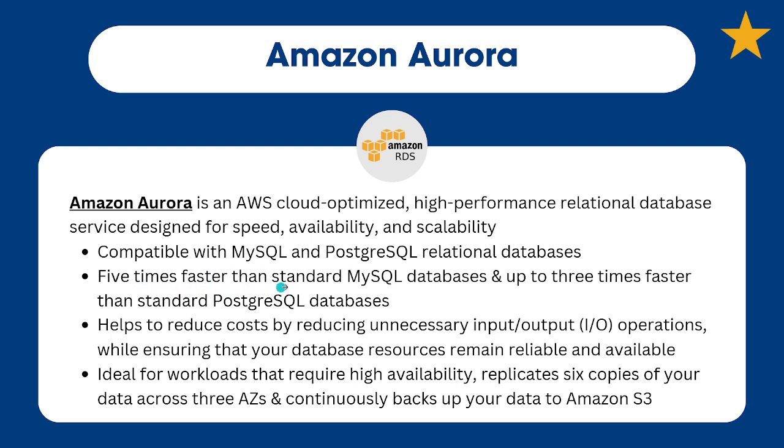It is 5 times faster than standard MySQL databases and up to 3 times faster than standard PostgreSQL databases. So again, it's optimized for the cloud. It's going to deliver some really top speeds. It's going to help reduce costs by reducing unnecessary I/O operations while ensuring that your database resources remain reliable and available. So it is cloud optimized, not just optimized in performance, but also in cost.